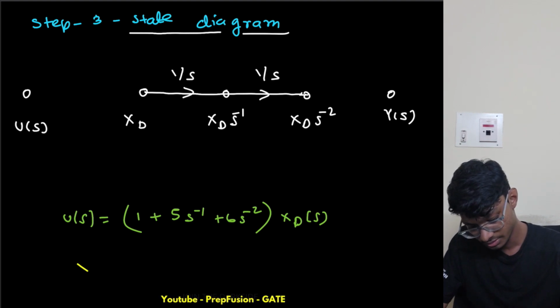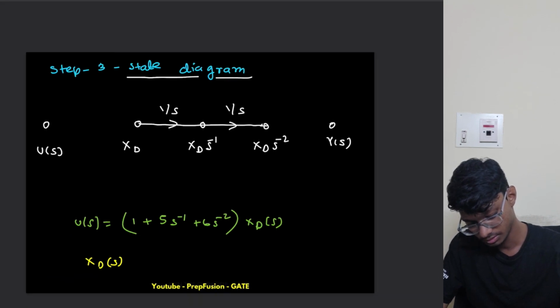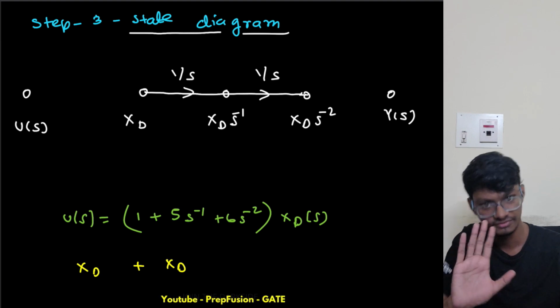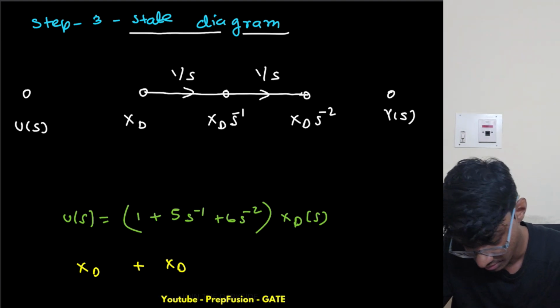So this xd of s equals, let me write this here only, plus xd, let me not write s so you will not get confused again. It is a function of s, that we know. Okay, no worries.